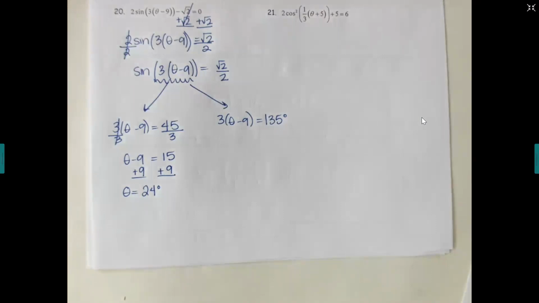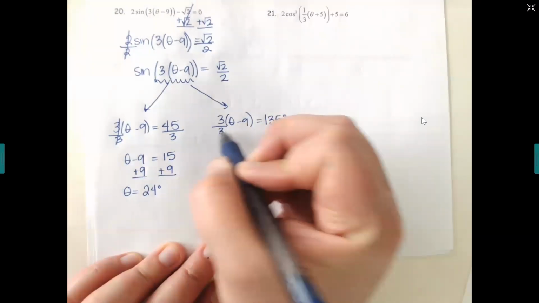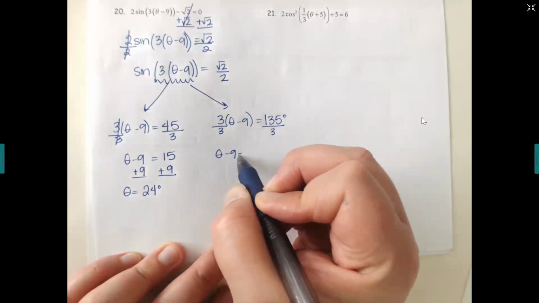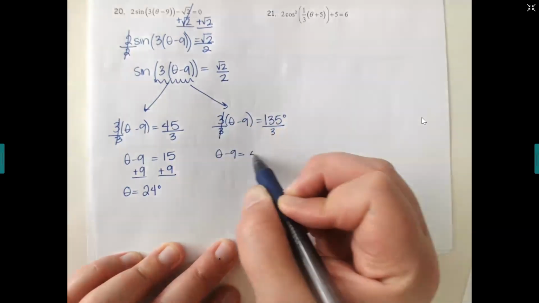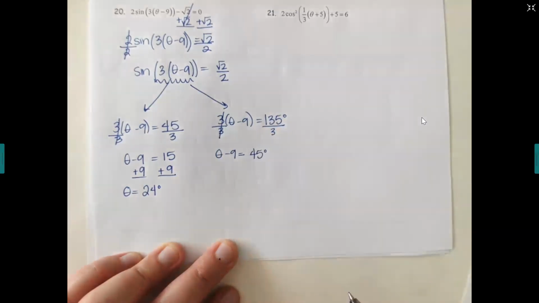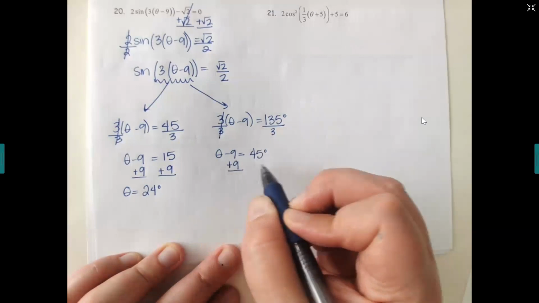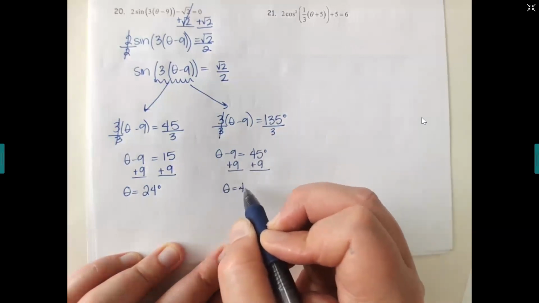Okay, now let's work down our second equation. Steps are the same. To get rid of the 3 from the front, I'm going to do what? Divide by 3. So I have theta minus 9 equals 135 divided by 3, which is what? Very good. And then to get rid of the minus 9, what do I do? 45 plus 9 gives me 54.